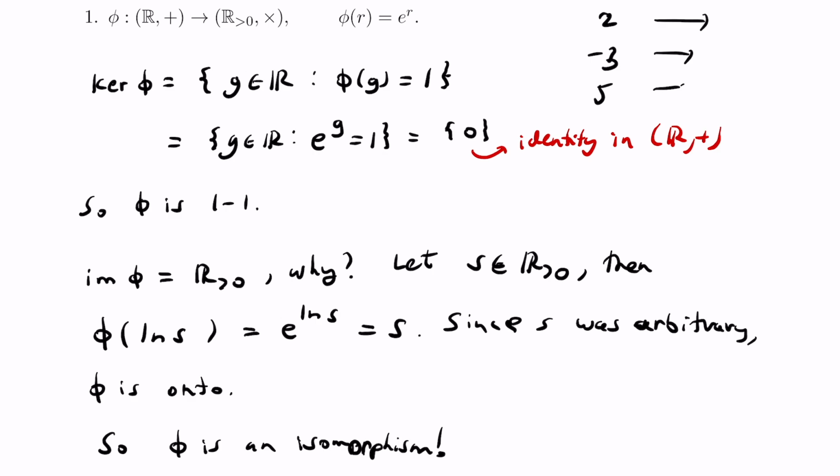They get mapped to e squared, e to the -3, and e to the 5 respectively. And we can reverse this process by applying the logarithm to the thing on the right. And anytime we add two things here, it's like multiplying the two things here. When we add these, we get 2. When we multiply these, we get this.